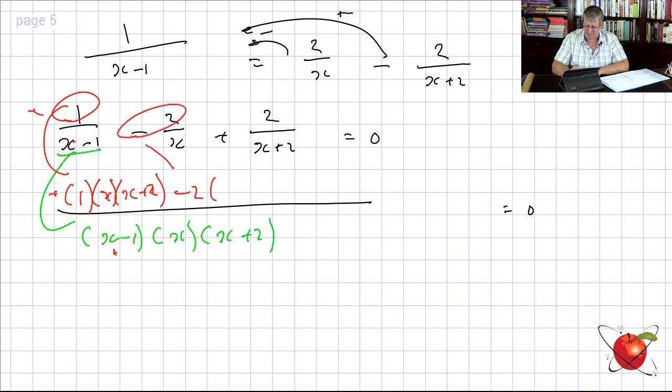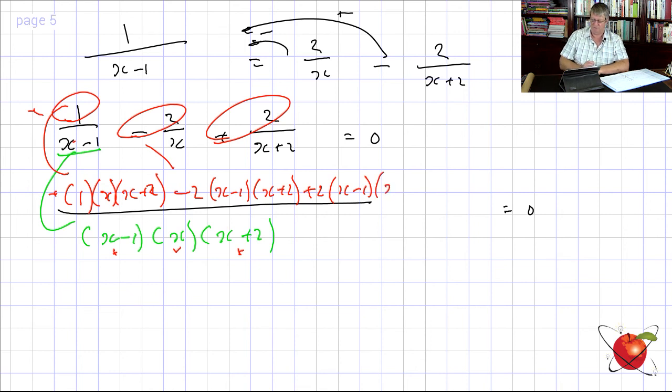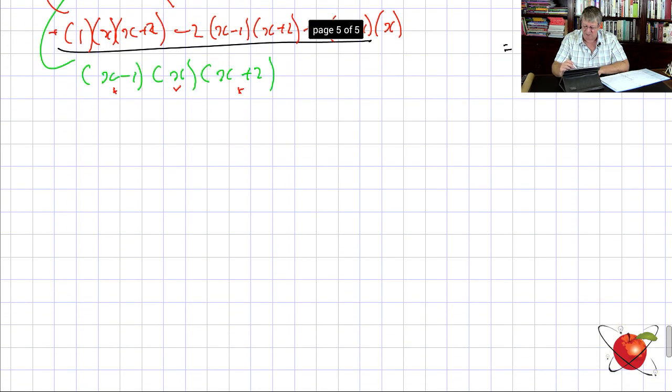X divides in here, cancelling out x, leaving us with x minus 1, x plus 2. Next, we bring down the plus 2. You can see why I say draw a long line. X plus 2 cancels that out, leaving us with x minus 1 times x. Now, at this point, when you have done that process, here is what you do.